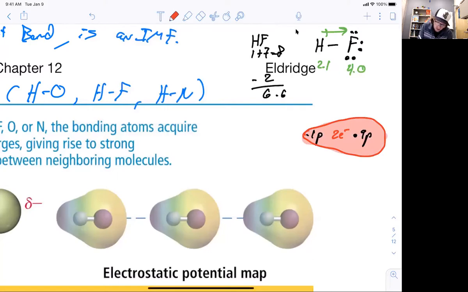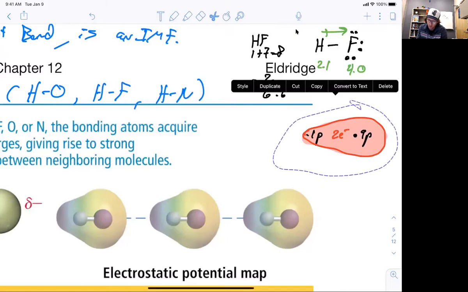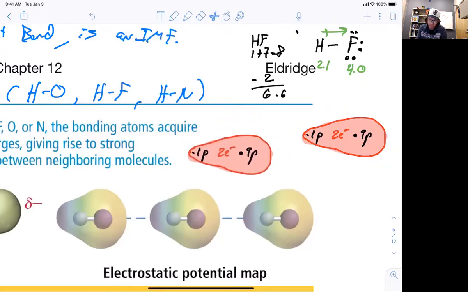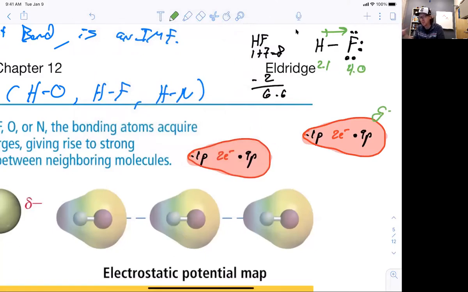And this creates a very interesting opportunity for another HF because, I'll leave it there for a second, we've got that dipole moment. We've got a delta minus, all that extra electron density around fluorine. I haven't even factored in those lone pairs, but that's probably going to even add to it. And then you got the delta plus over here.